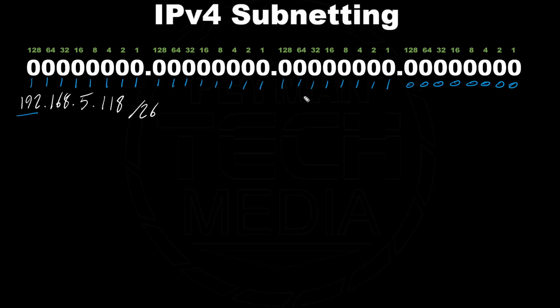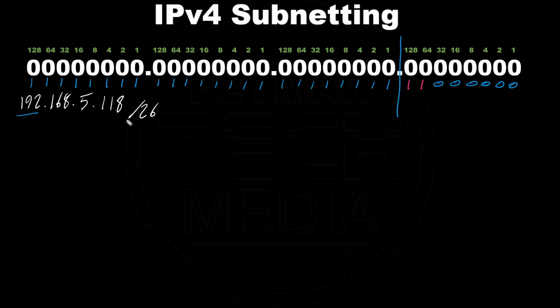So this is a default subnet mask for class C, but this is 26. It means we have 24, 25, 26. So basically these two added. So our original line, default subnet mask for class C, is here 255.255.255.0, right? Converting this binary to decimal gives us 255.255.255.0.